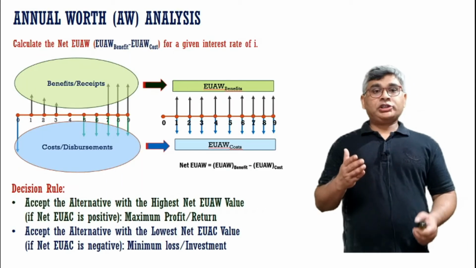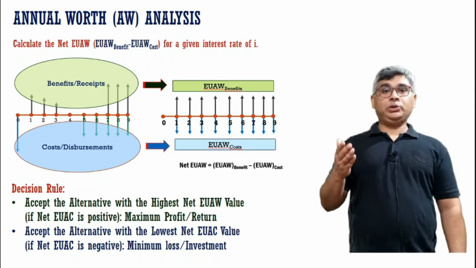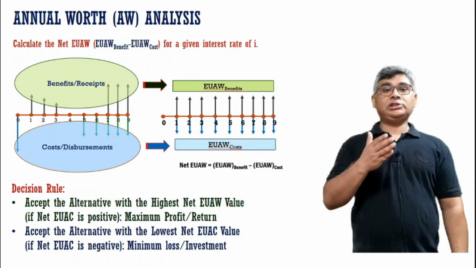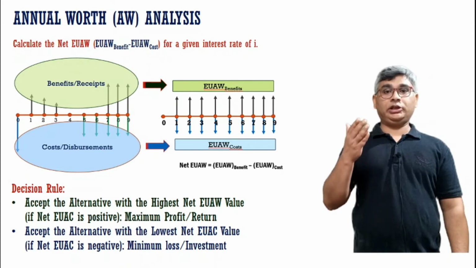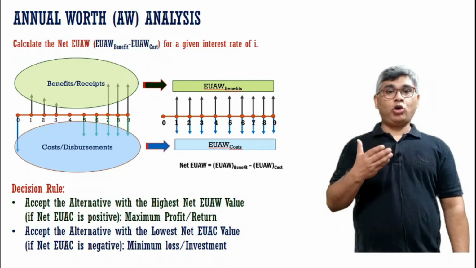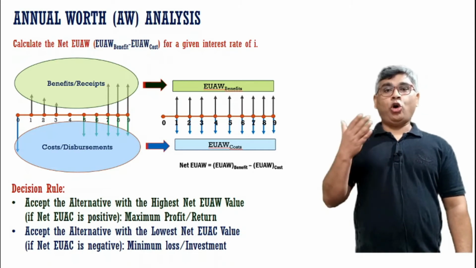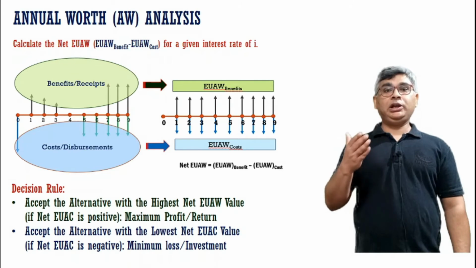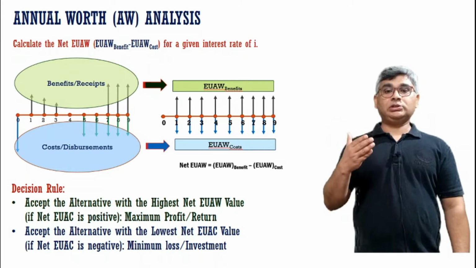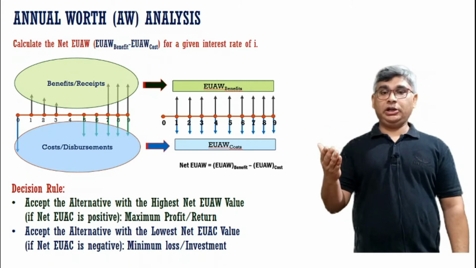Now on similar lines to what we did for the present worth analysis, we can analyze the annual worth method. In a cash flow we have certain receipts, which we call benefits or the cash inflow. We do have the costs, or the cash outflows, or the disbursements. Then this complete cash flow should be transformed into annuities. Some annuities will represent the benefits or the receipts, and the downward annuities will represent the cost and the disbursement.